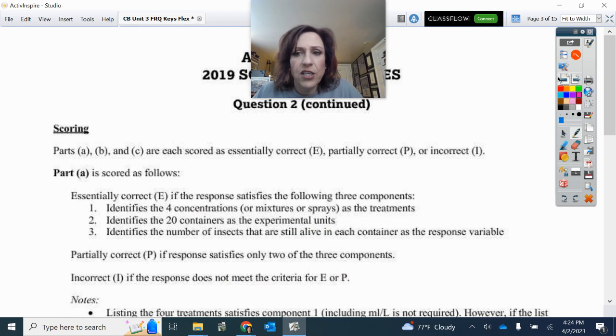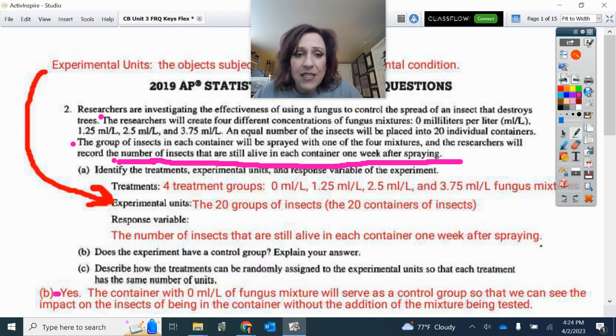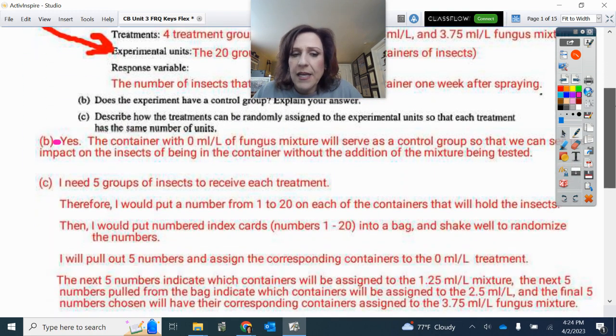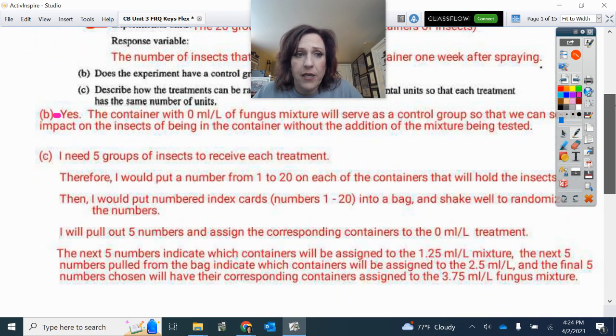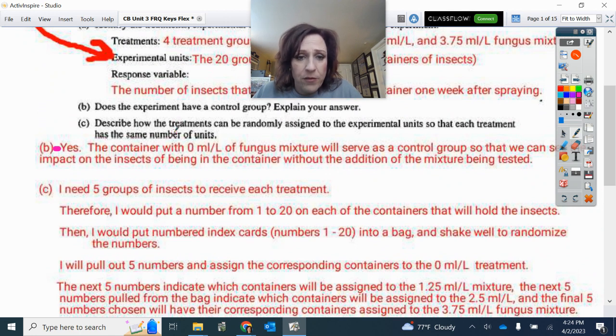Okay, so let's take a look at the last one. This last one also was a tough problem to grade. Describe how the treatments can be randomly assigned to the experimental units so that each treatment has the same number of units. What that means is essentially we need 5 containers that are randomly assigned each treatment.